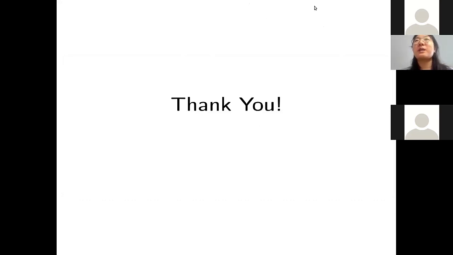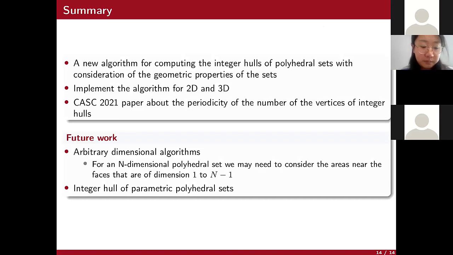Let's see. If we got it right, your implementation will extend the current polyhedral sets package in the next version, maybe 2022, right? I hope so, because we submitted it to be a command in the polyhedral sets package. Okay, and will the plot command of that package be extended to support displaying those integral points, which it currently does not? We didn't, but you can ask our command to output a polyhedral set, then you can use the plot to plot the integer hull.